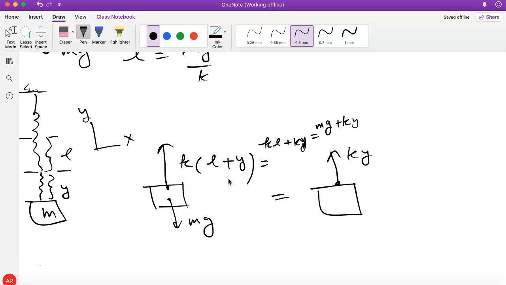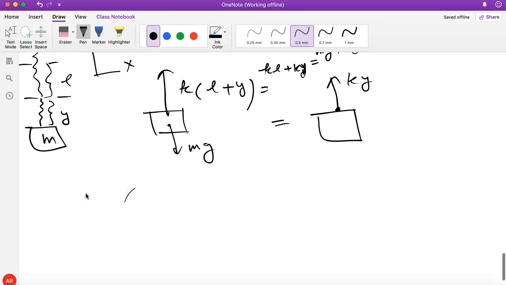Because if it's a positive thing upward, that's minus ky. In this figure, we just wrote the magnitudes of the forces and showed the direction by arrows. But in general, I can again write net F is minus ky, where y is the displacement from the equilibrium position.